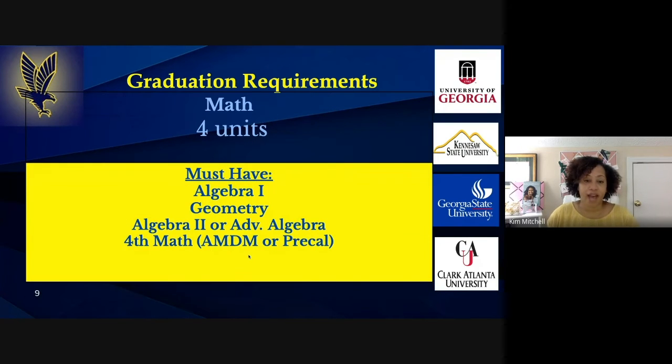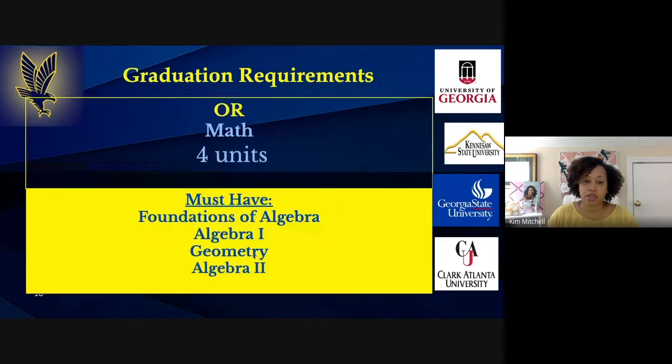And math, you have to have 4 math. Algebra 1, geometry, algebra 2, or advanced algebra. Advanced algebra was the name for algebra 2 before it changed. And then a 4th math, either advanced math decision making or pre-cal. You have to have 4 math. Some students started out with foundations of algebra. So if you did that, you can have foundations of algebra, algebra 1, geometry, or algebra 2.